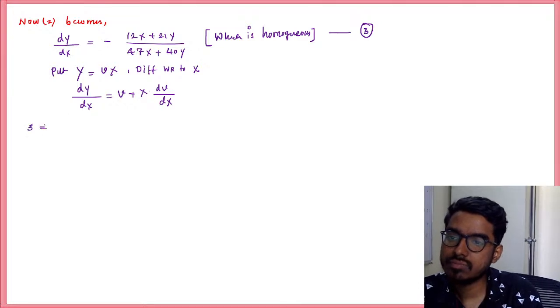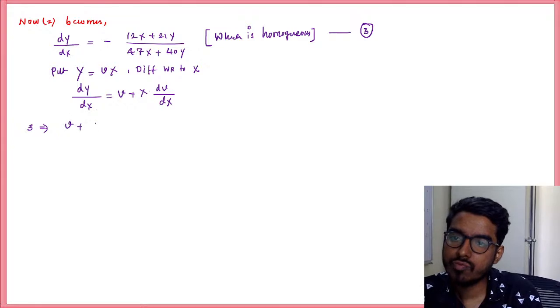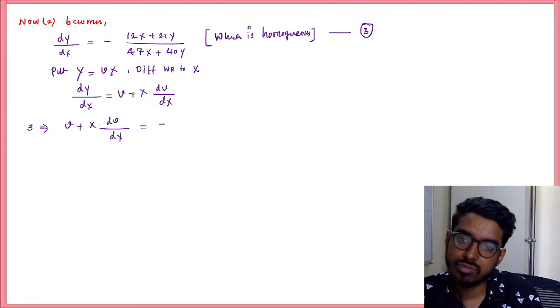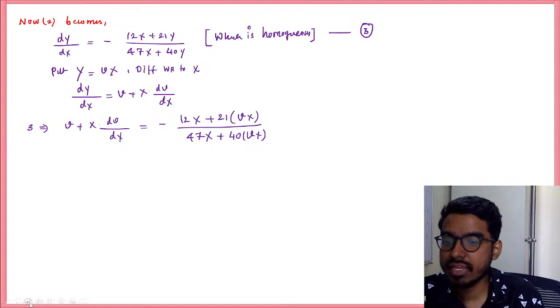Now put dY by dX and the Y value in 3. So v plus X into dv by dX is equal to minus of (12X plus 21Y) divided by (47X plus 40Y), where Y is vX. This X will get cancelled.